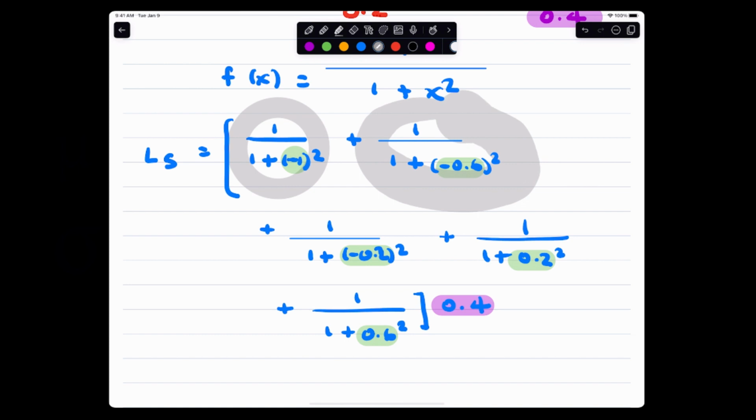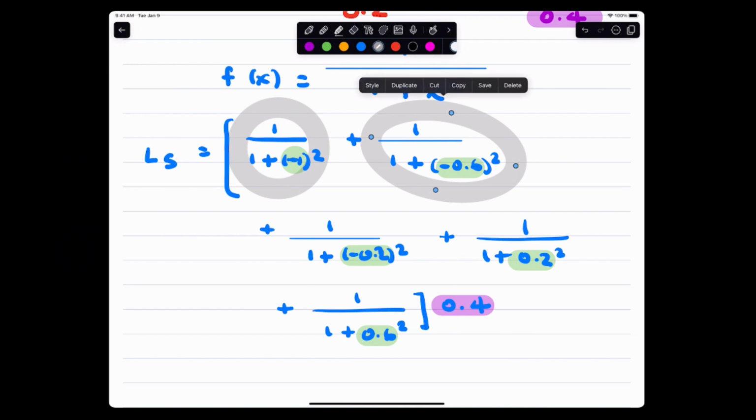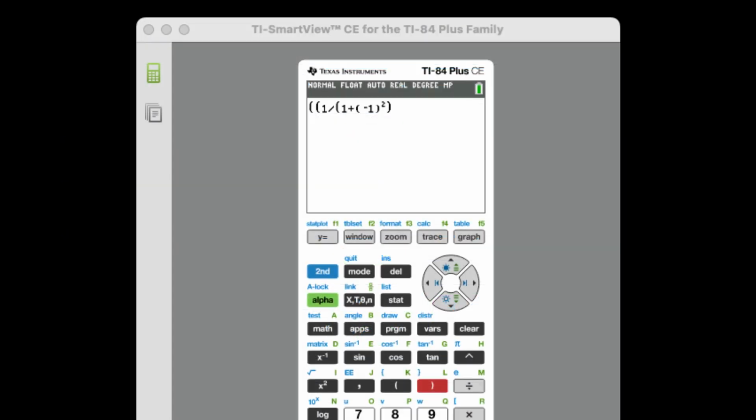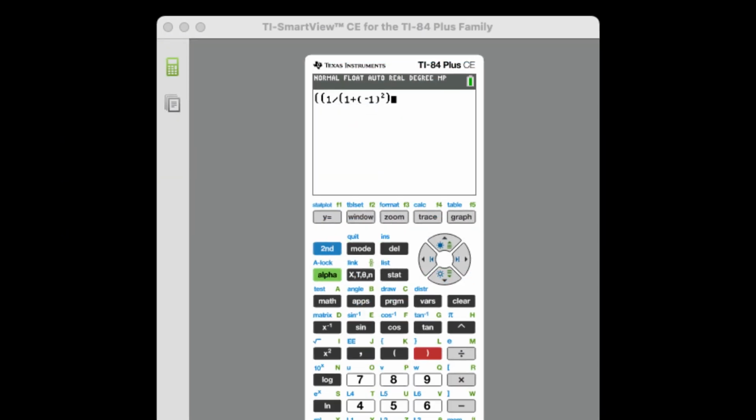Now you can look at the next entry. Let's do the next one. So you're going to have to say plus now.